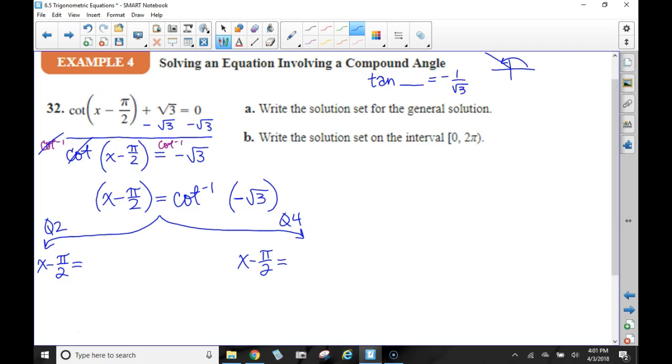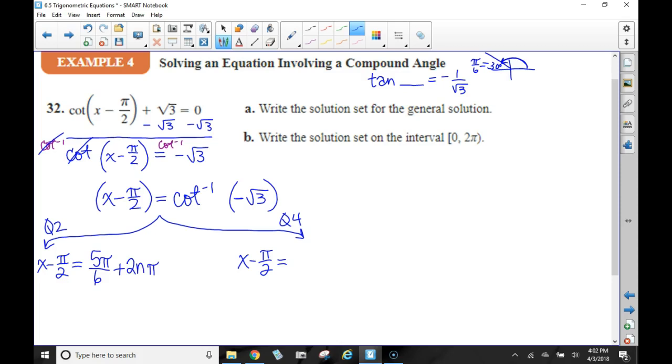Now, if you do the little hand trick where you flip your hand over, then what angle that is, it has like a 30-degree reference angle. 30 degrees is the reference angle, but pi over 6 in radians, and so this angle in quadrant 2 is actually 5 pi over 6, and we better go plus 2n pi, okay?